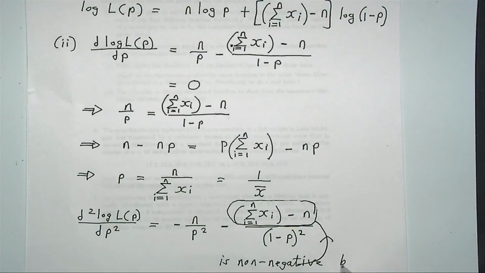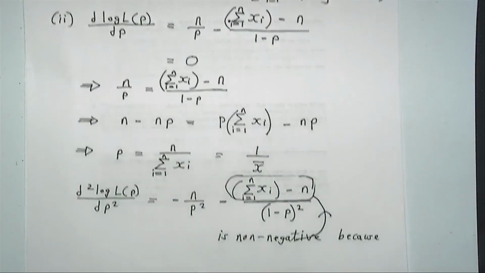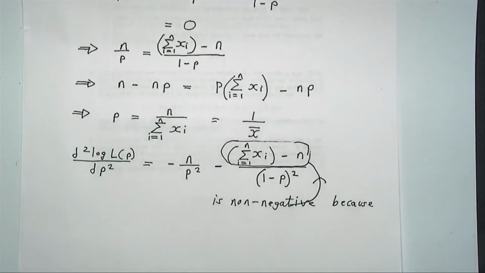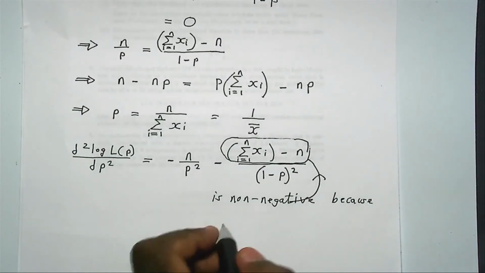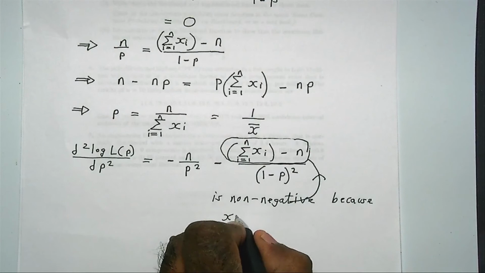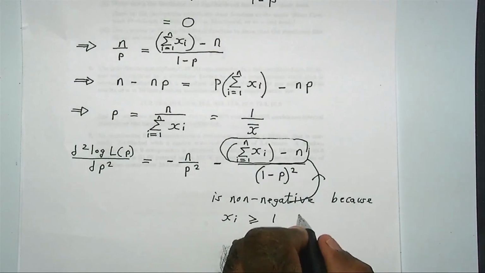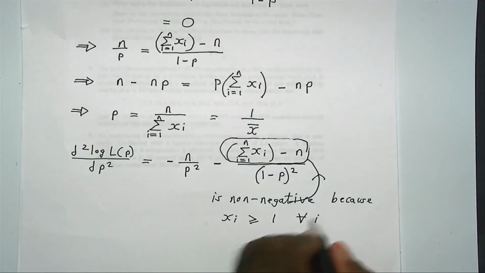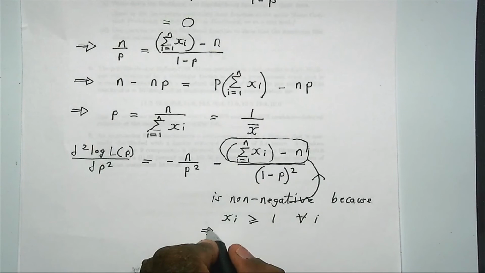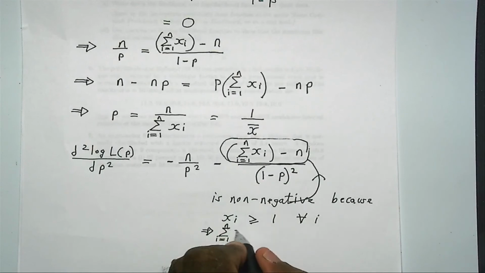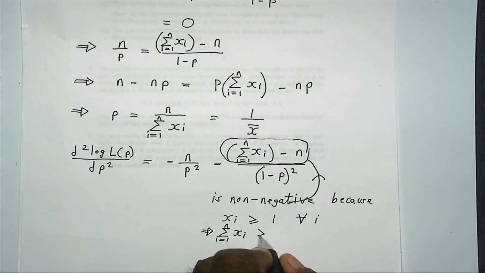That's because, by definition of the geometric distribution, xi is greater than or equal to 1. I mean, the smallest possible value for xi for a geometric variable is 1, and this implies that the sum of xi is greater than or equal to the sum of 1, which is n.